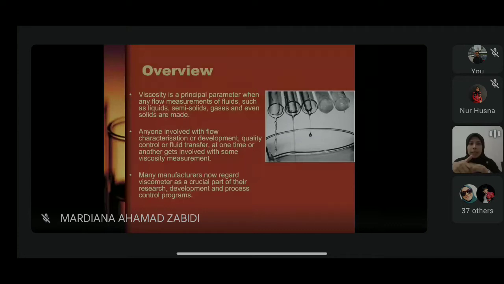Remember, when we talk about fluid, fluid does not mean only liquid. Fluid can go for liquid, for gases, as well as for those solids or semi-solids that behave like liquid. For example, we have flour. But of course, flour we do not measure viscosity.